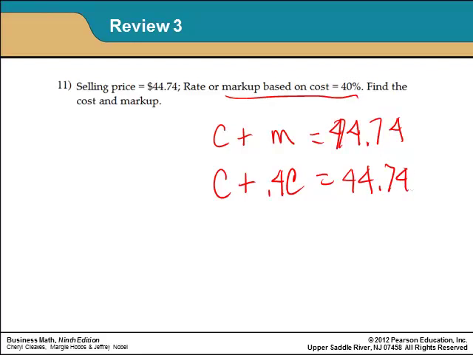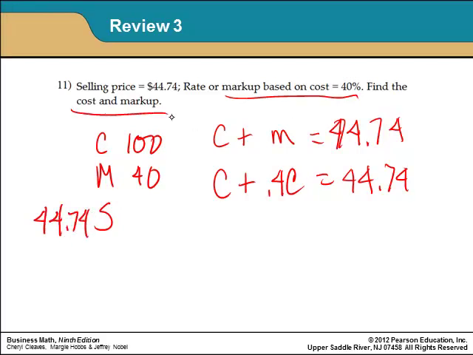Now the other way that we could do this is we've got cost, markup, selling price, and the cost is 100%, the markup is 40%, and the selling price is $44.74. Now we want the cost and the markup, so we might as well write down that this would be 140%. And you notice that's because cost plus markup equals selling price.